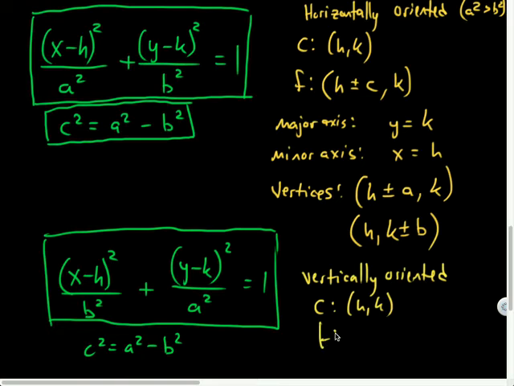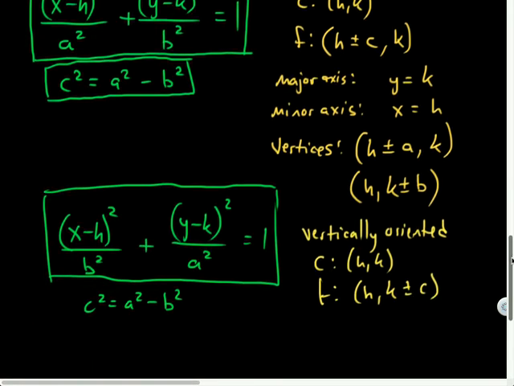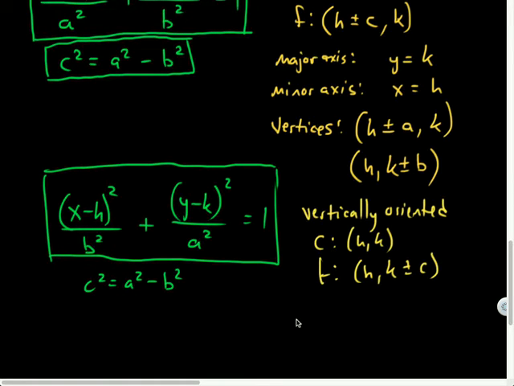The foci always are along the major axis, which is now vertical, so it'd be h comma k plus or minus c. You'll see that things just flip-flop around here. The major axis is now a vertical line, so that's x equals h. The minor axis is now a horizontal line, so that's y equals k.